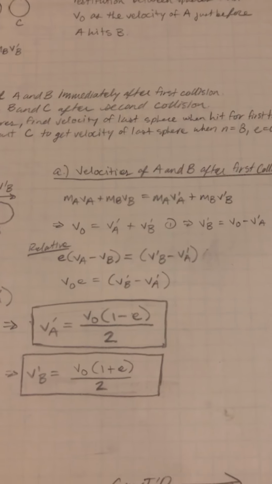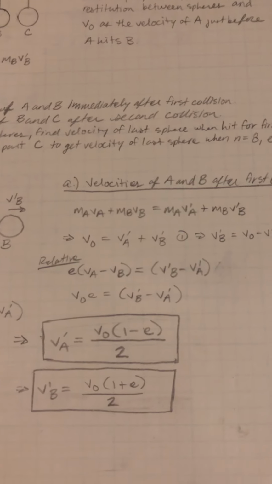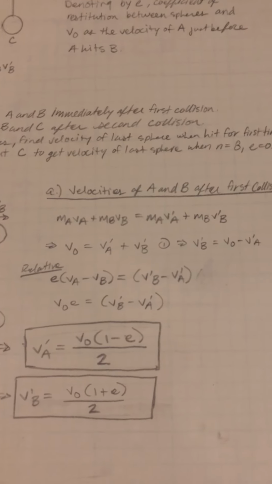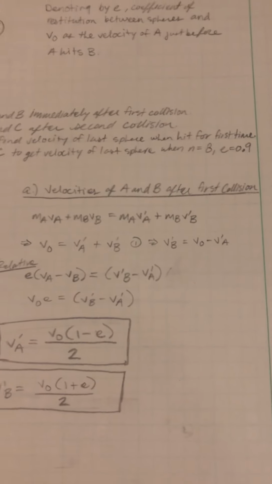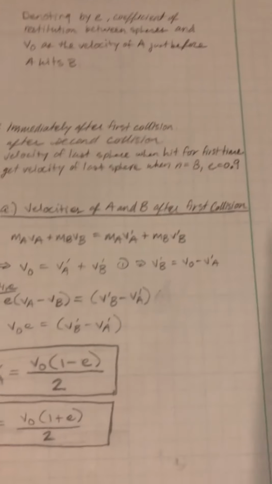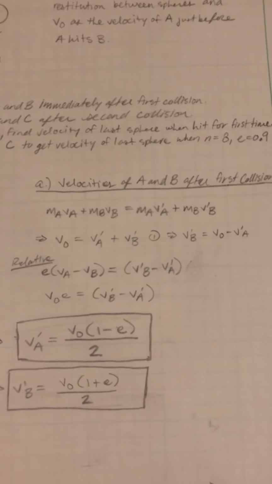So we can simply put V naught is equal to V prime of A plus V prime of B. And we can manipulate that to solve for another equation if needed.